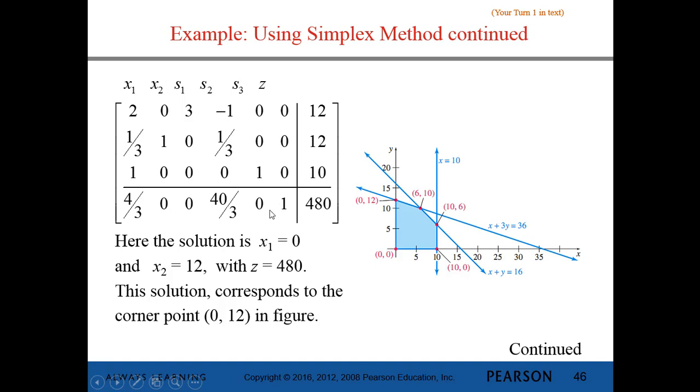So all we end up with is z equal to 480. And so the corner point is 0, 12, and the optimum value of the revenue is 480. So if you have 0 goats and 12 pigs, you will make a maximum profit of $480.